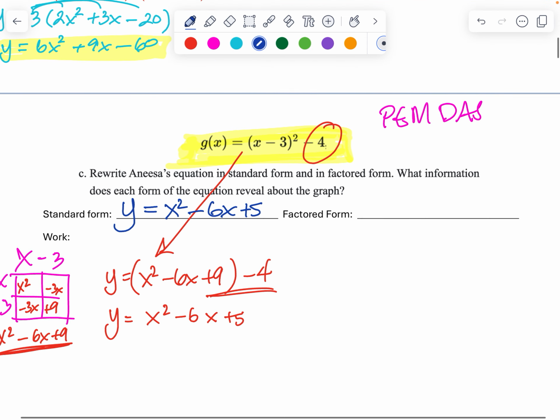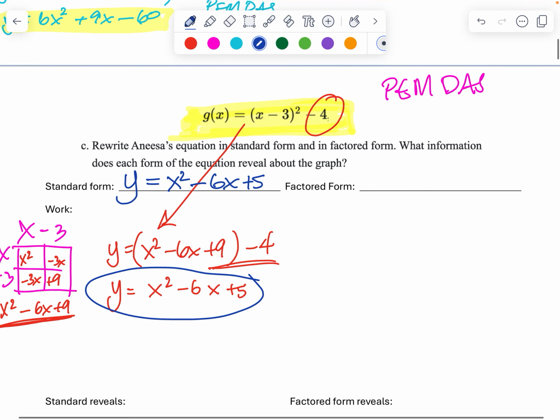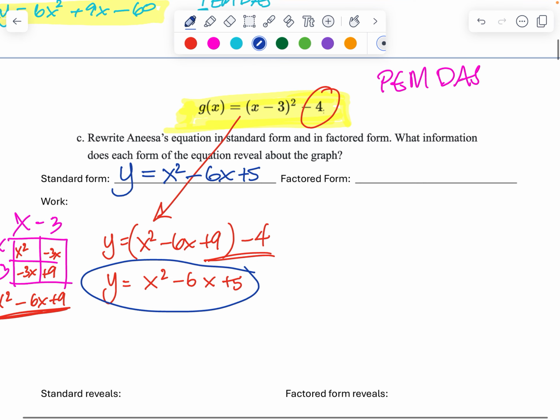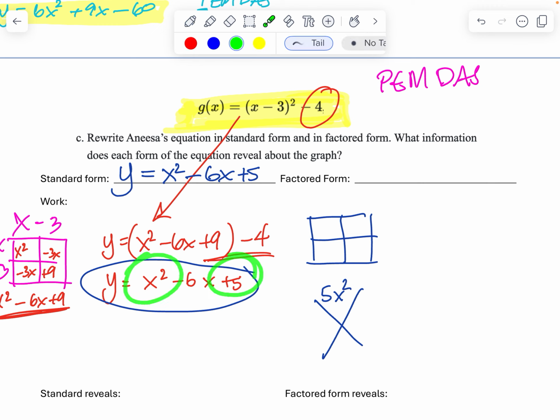Then I need to take that and I need to factor it. Okay, well, we know how to do that. I'm going to come over here and I'm going to put my 5x squared on the top because of this 5 and this x squared. I'm going to put my negative 6x on the bottom.